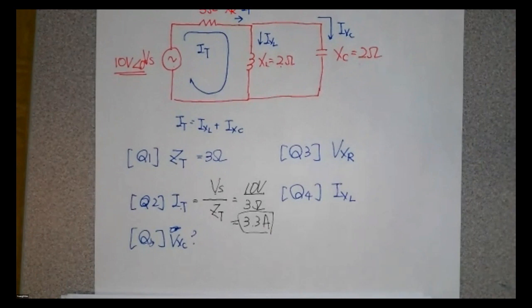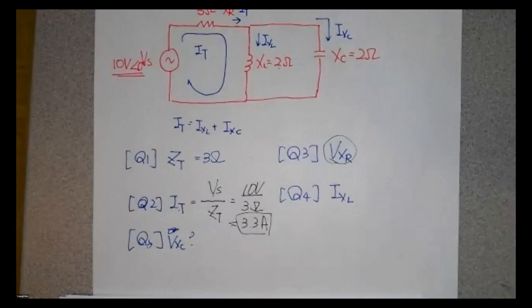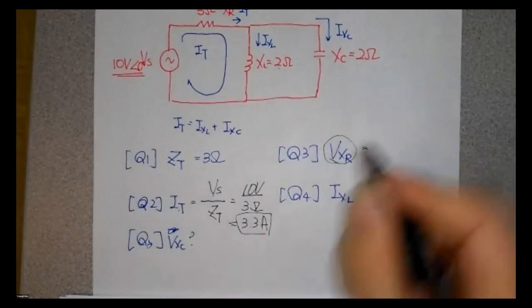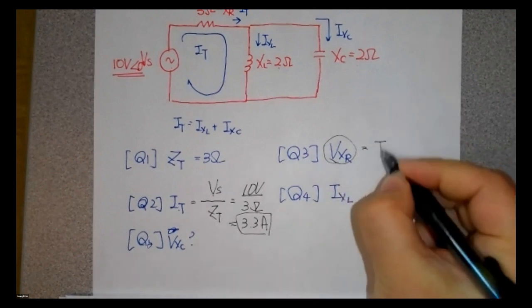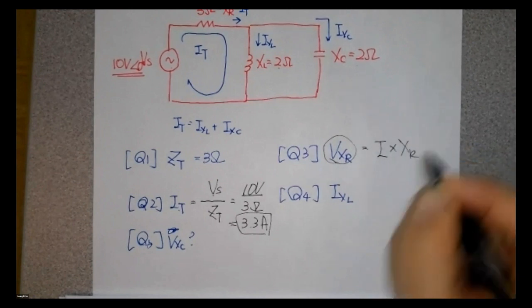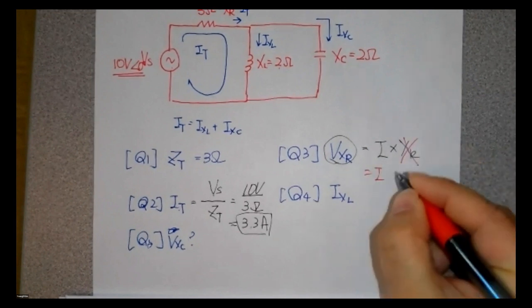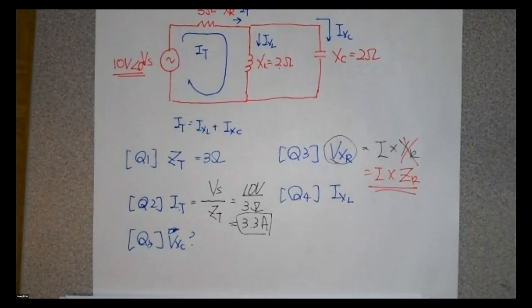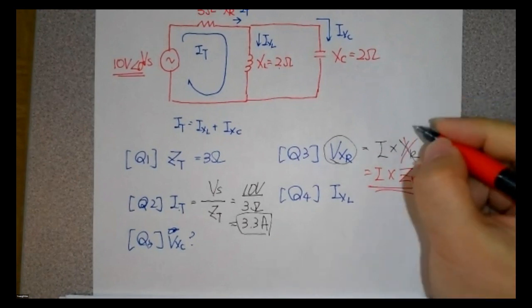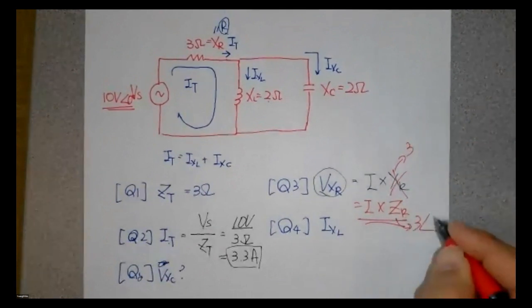All right. The question 3, what is V sub X of R? What is V sub X of R? Students make mistakes always in the quiz, lab, that's the exam. For example, V sub X of R, like this one? No, why? I times Z sub R. Okay? It's different. Maybe X sub R is what? 3 ohm. The Z sub R, 3, the phase, 0.